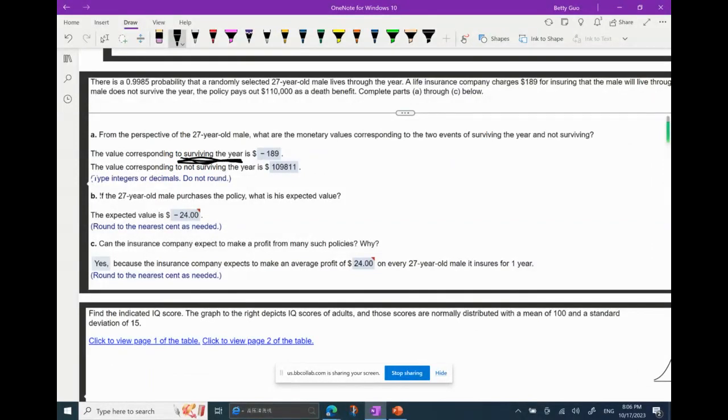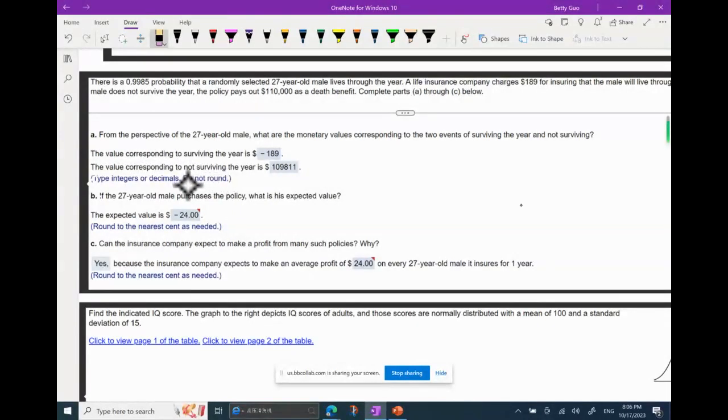If I survive the year, money-wise, I do lose $189. The profit is a negative $189, right? Of course, it's good that you survive. So that's the profit, money-wise.